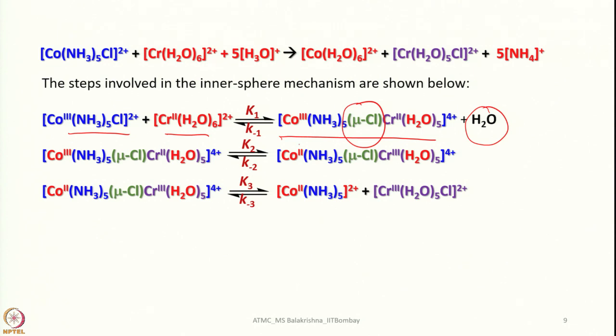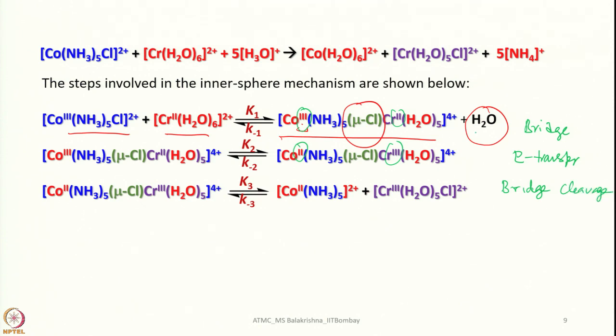When the electron transfer happens, it has already happened, you can see here cobalt 3 has become cobalt 2 here, and chromium 2 has become chromium 3. That means electron transfer has occurred here. So, here bridge formation is completed and here electron transfer and here bridge cleavage. Bridge cleavage is there.